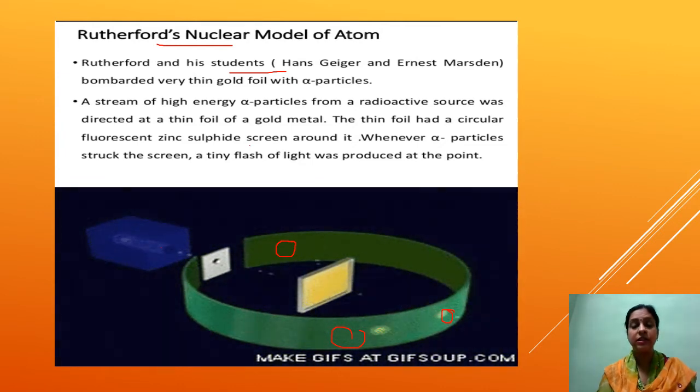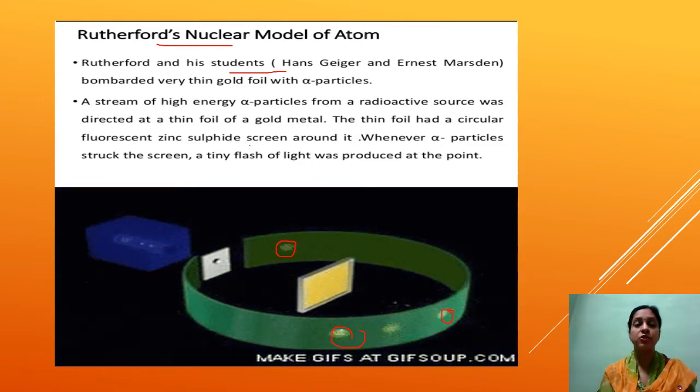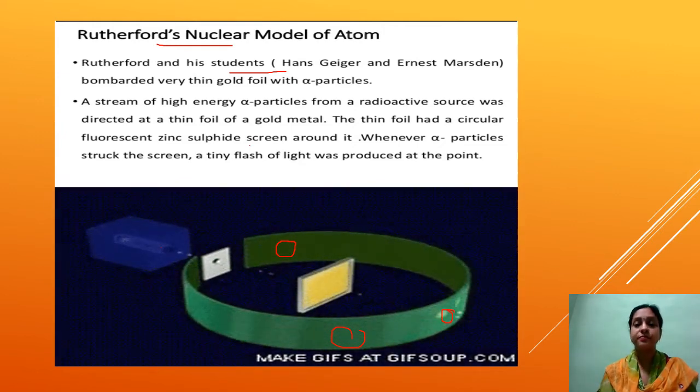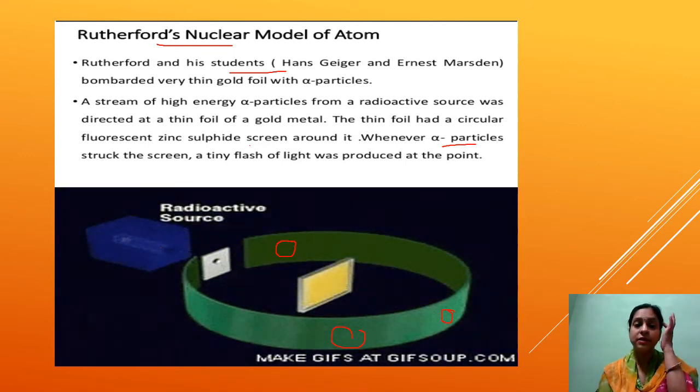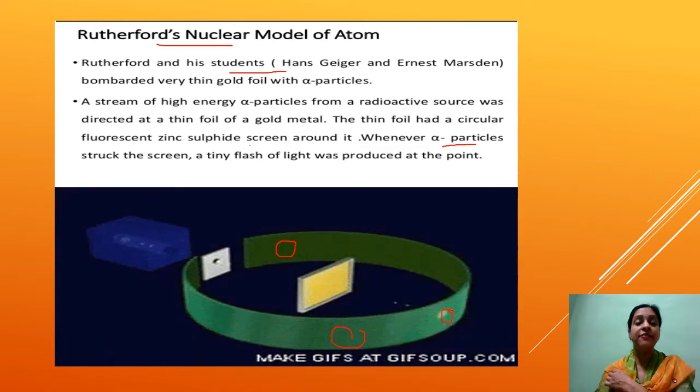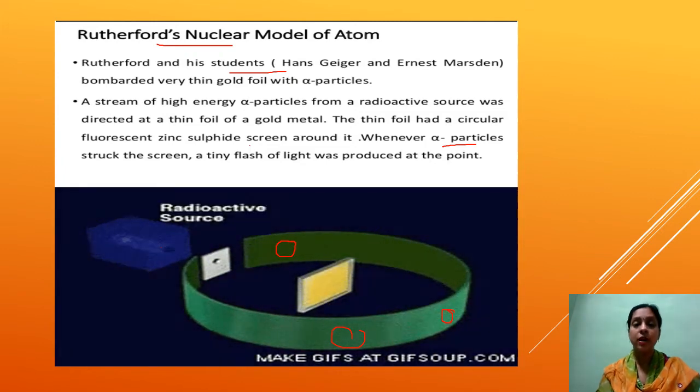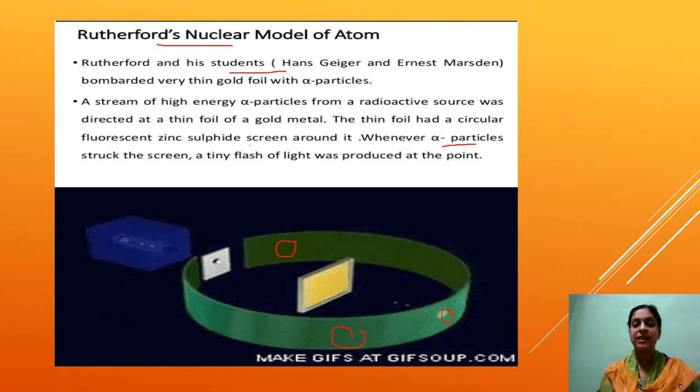So it means there were three types of rays observed produced by these alpha particles, with a tiny flash of light produced at different points. Thin gold foil was used and a zinc sulfide screen around the foil in this experiment. Okay.